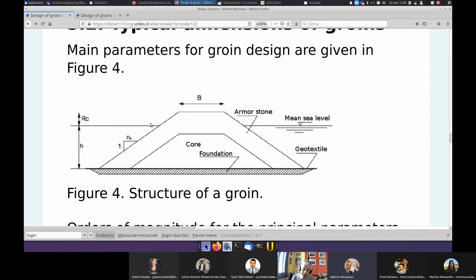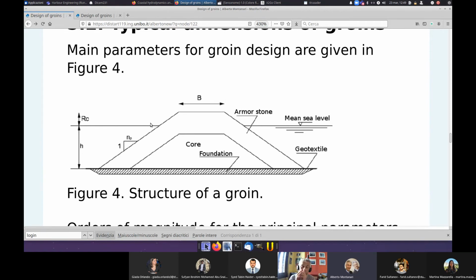So what we aim to place is a foundation which may be realized with different materials, including geotextiles, which are a very environmentally friendly solution.